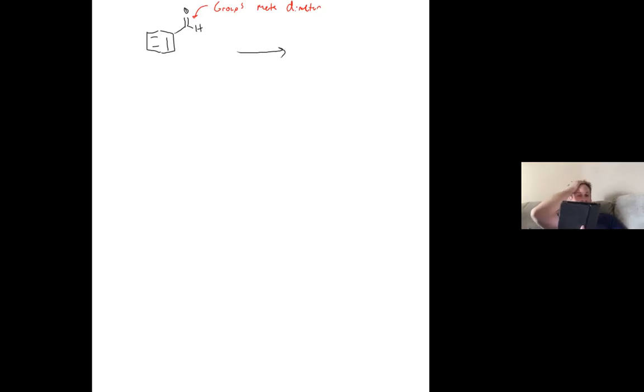Which just means that's where our product is going to form. If we take what's referred to as fuming H2SO4, it's really just boiling H2SO4. What will happen is 2 H2SO4 molecules are going to interact with each other. We'll eventually have one steal the proton from the other one.